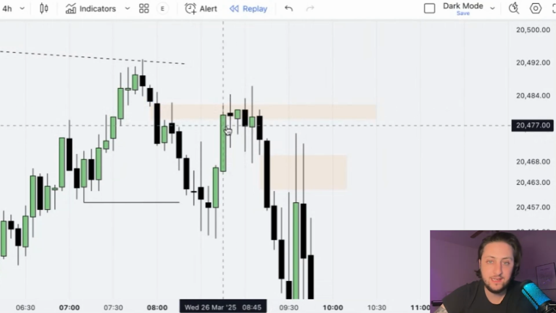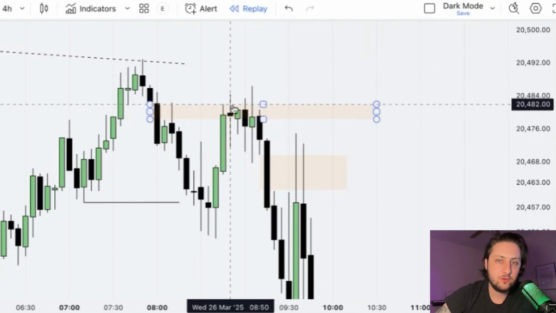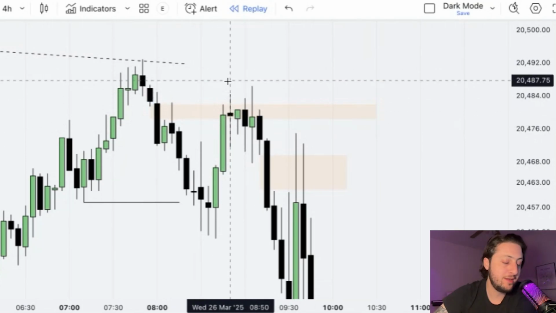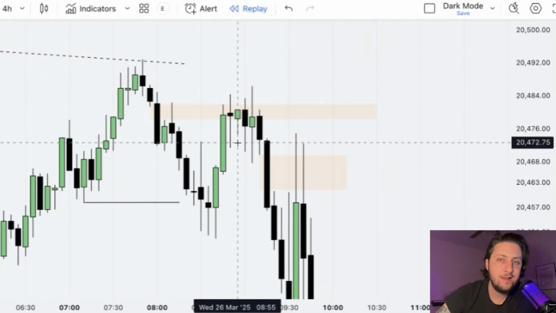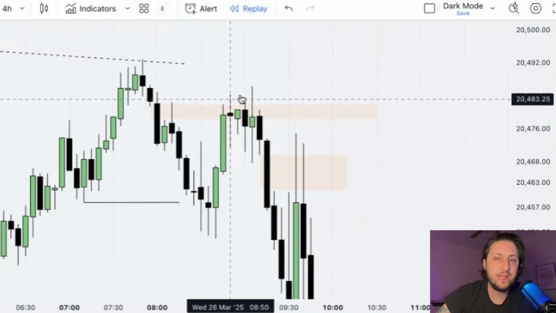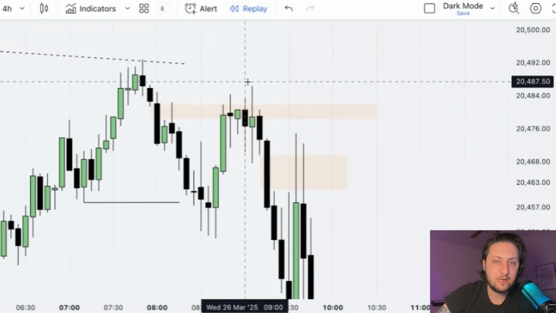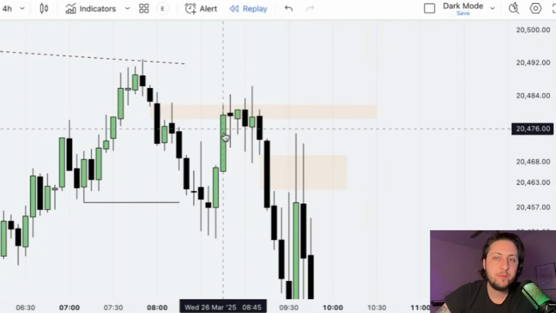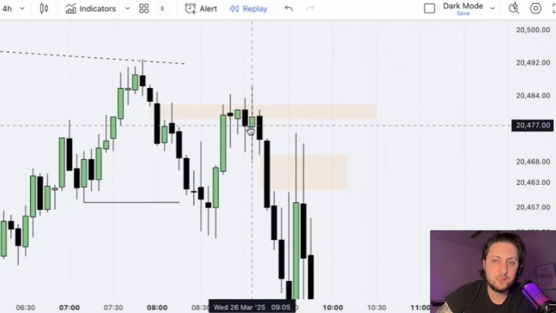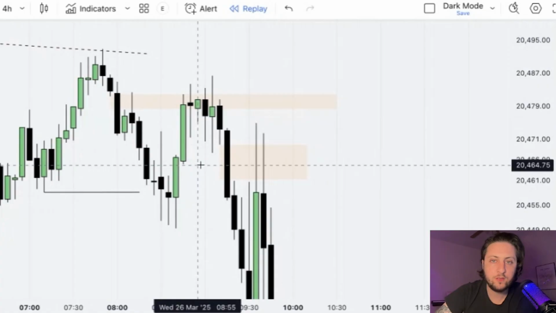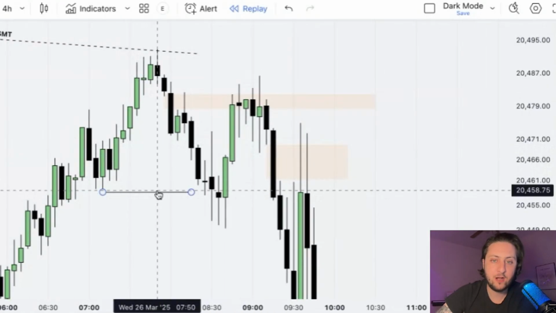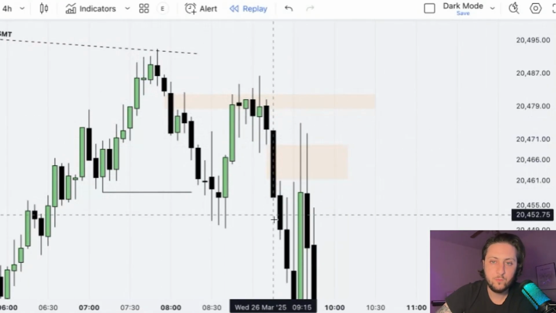What we don't want to see is a 5-minute candle closure back above this fair value gap, because that would invalidate the move. But we get a lot of consolidation inside this gap, but we cannot close above it, showing that the market is respecting this bearish level. Once we can't get a closure above it and we get our market structure shift, we fall down lower.